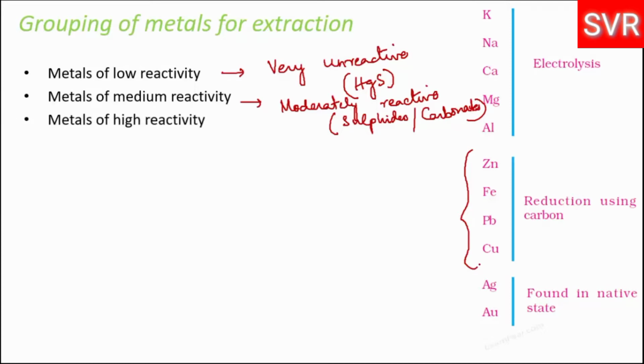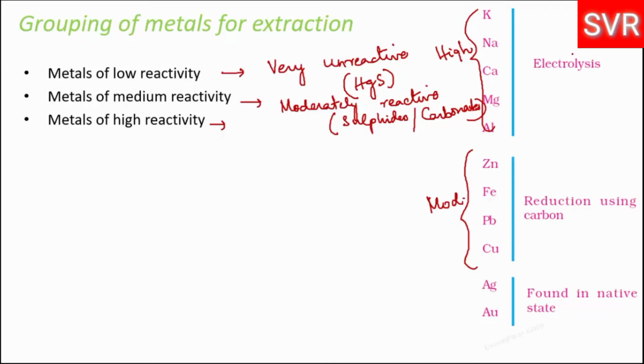And then we have metals of high reactivity. Here obviously we are talking about metals which are extremely reactive, for example potassium, sodium, calcium and so on. Here carbon doesn't act as a reducing agent. So this is our moderate series, that is medium reactivity series. This is our high activity series. Here these metals are obtained by electrolytic reduction, or what we call electrolysis.